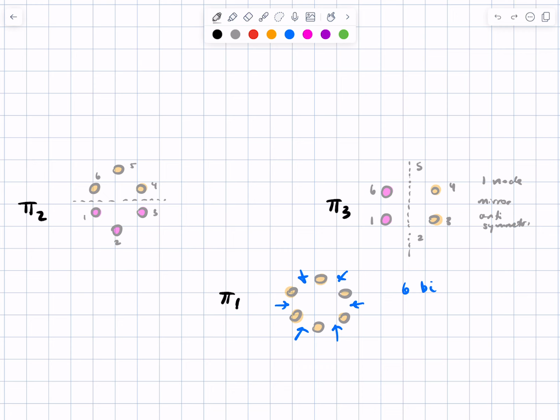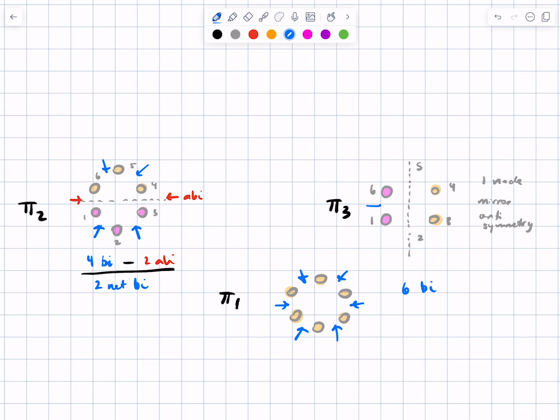And if we count up the number of bonding versus anti-bonding interactions for these 2 orbitals, we're going to get the same number. This orbital pi 2 has 4 bonding interactions offset by 2 anti-bonding interactions for a total of 2 net bonding interactions.